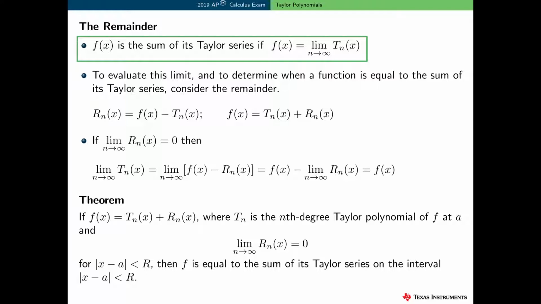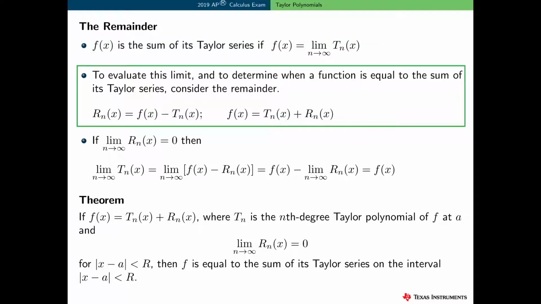So, if f of x, in general, is the sum of its Taylor series, then f of x must be equal to the limit as n goes to infinity of t sub n of x, that is, the limit of its Taylor polynomials. Now, in order to evaluate this limit, we consider the remainder, and here's the definition.